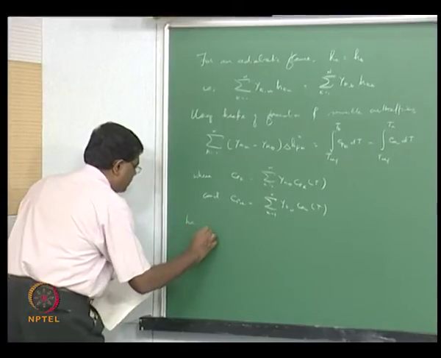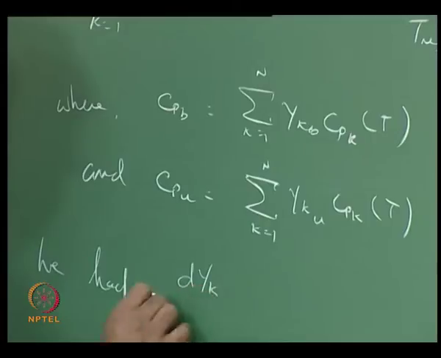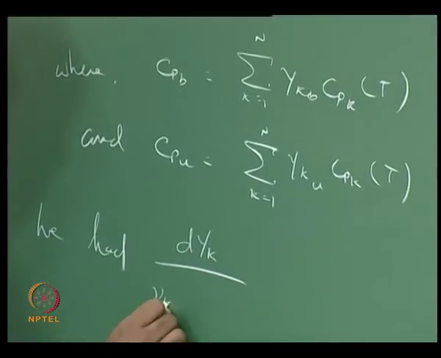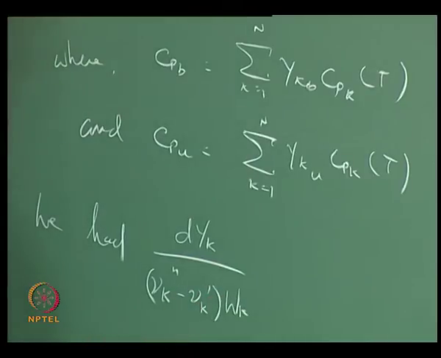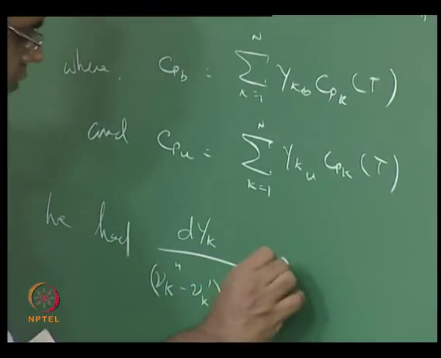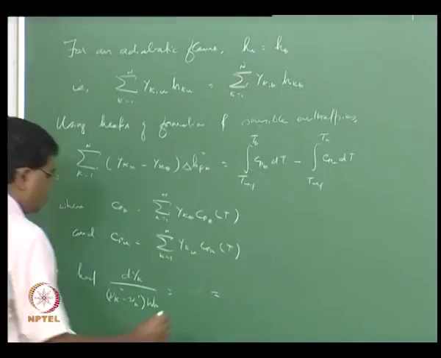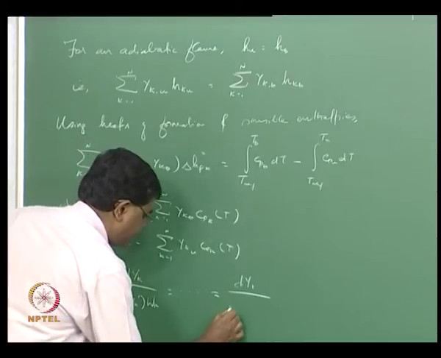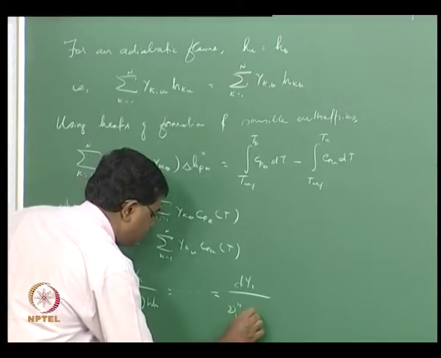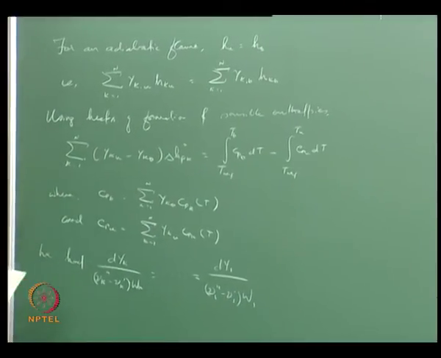So we had dYk divided by (nu k double prime minus nu k single prime) times capital Wk equals, for over many species to let us say one particular species, dY1 divided by (nu 1 double prime minus nu 1 single prime) times capital W1.